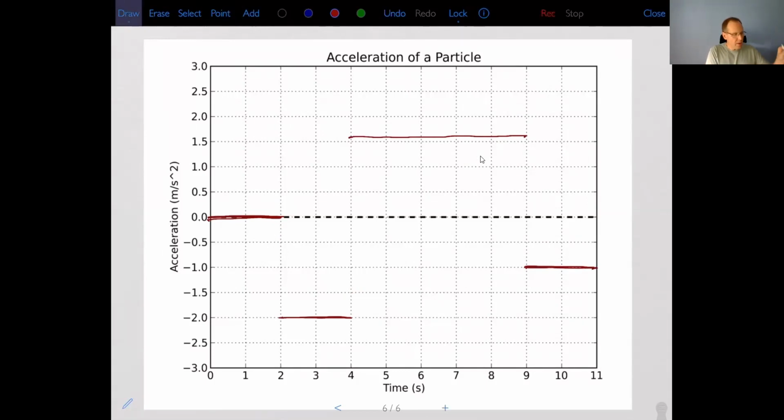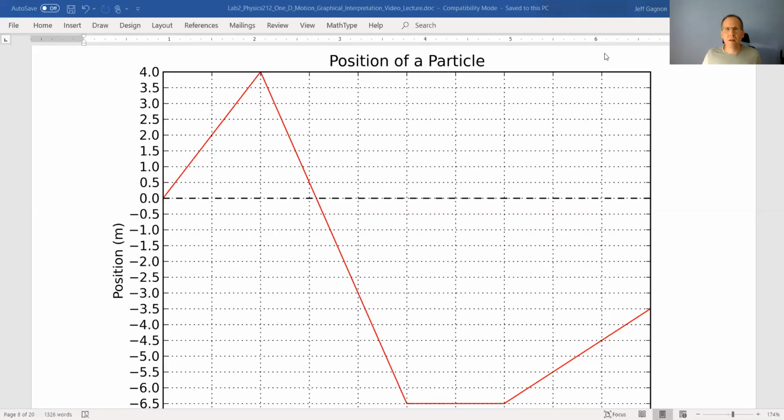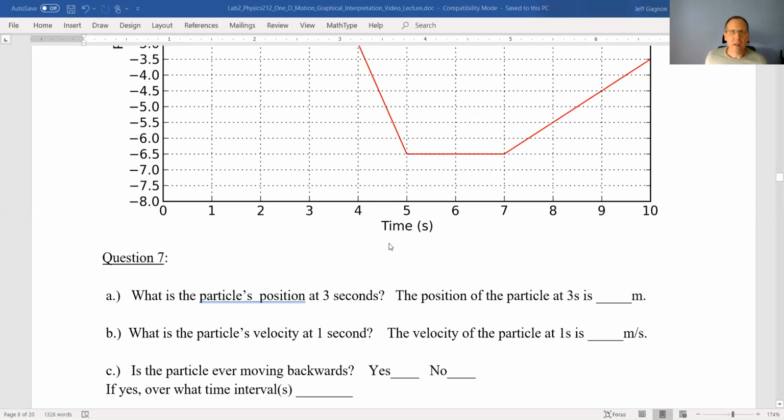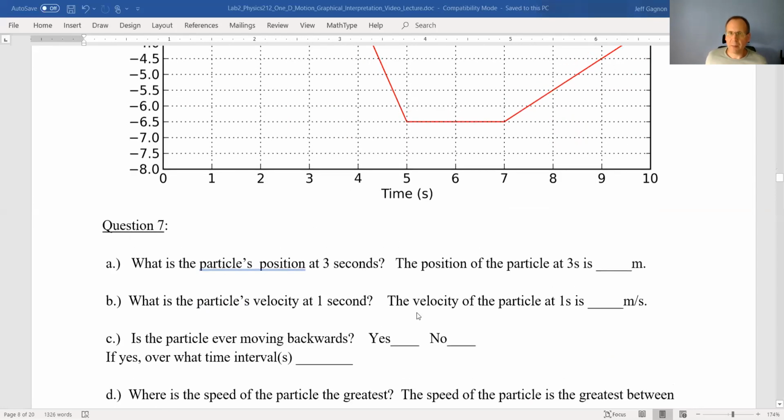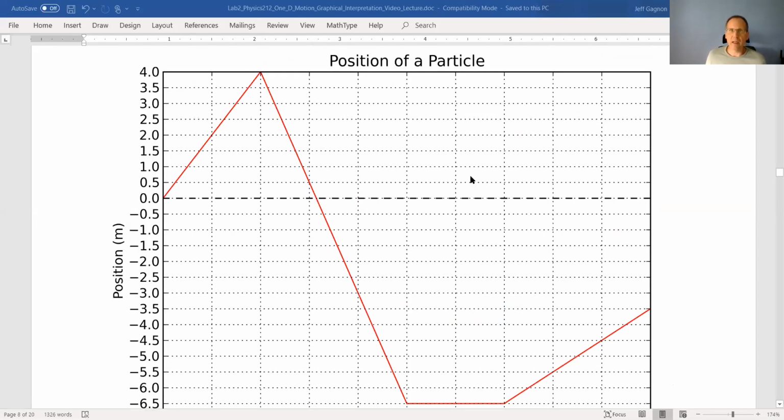Okay, so that should give you an idea of how to answer these questions. So let me just walk through the questions, and then that'll be it for this particular lab. To start, I give you a position versus time graph. I want you to answer the questions based on that graph.